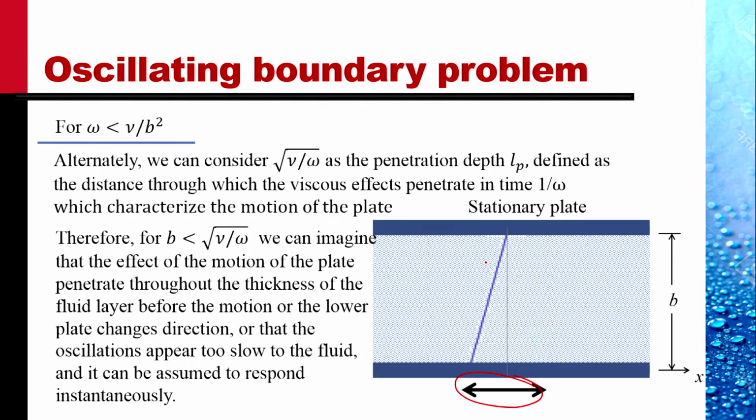Therefore, for b less than under root nu by omega, we can imagine that the effect of the motion of the plate penetrates throughout the thickness of the fluid layer before the motion of the lower plate changes direction, or that the oscillation appears too slow to the fluid and it can be assumed to respond instantaneously.